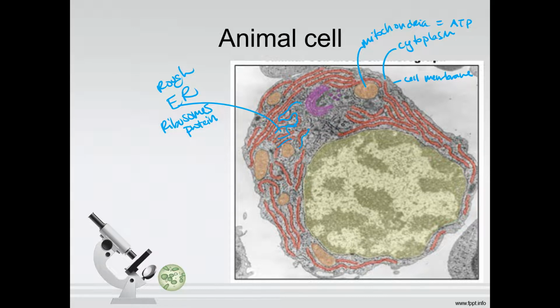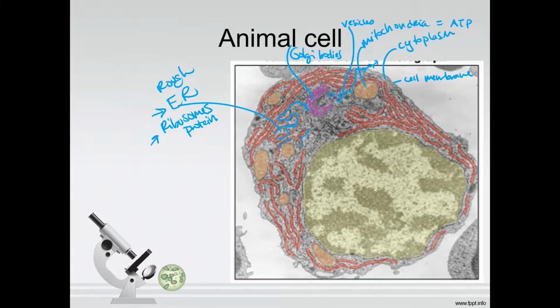The ER is going to transport them to this guy known as the Golgi body or Golgi apparatus. The Golgi is then going to take those proteins that were made by the ribosomes and transported by the ER. It's going to modify them a little bit and then pack them up into these little bubbles called vesicles. So we've got some vesicles. And those vesicles will be transported to the edge of the cell, and then the contents will be released outside of the cell.